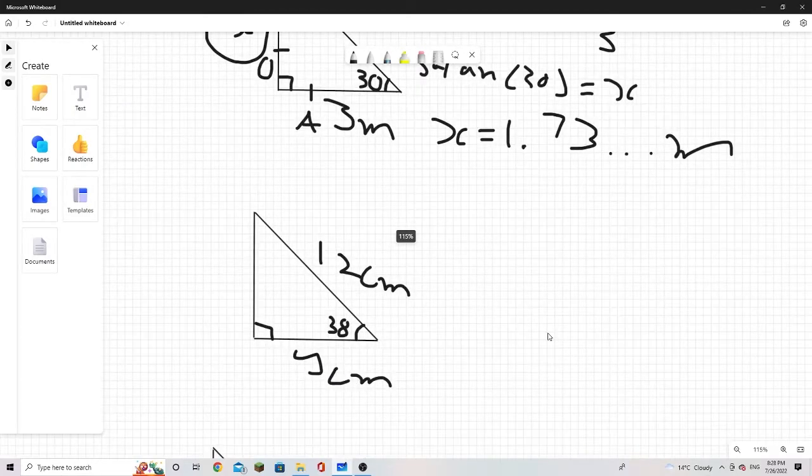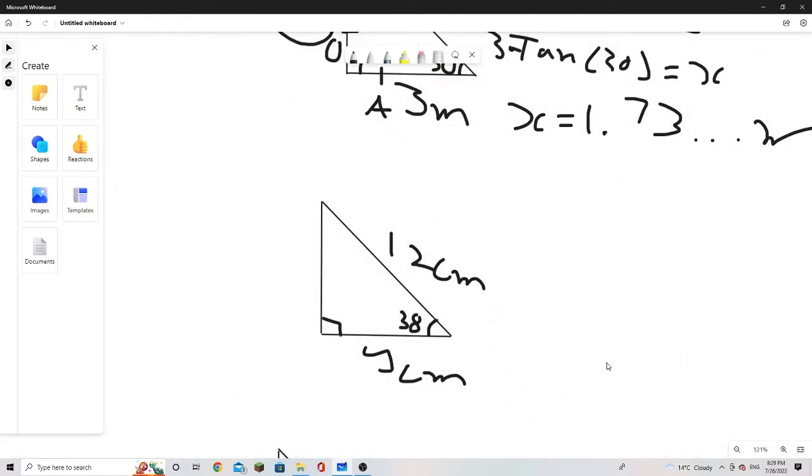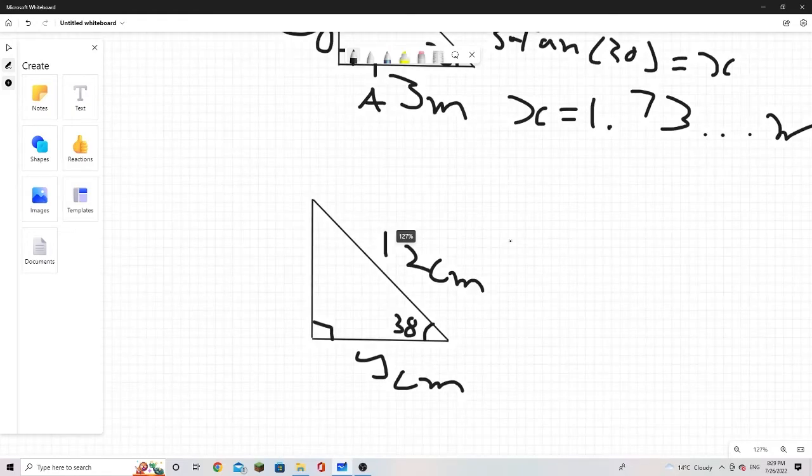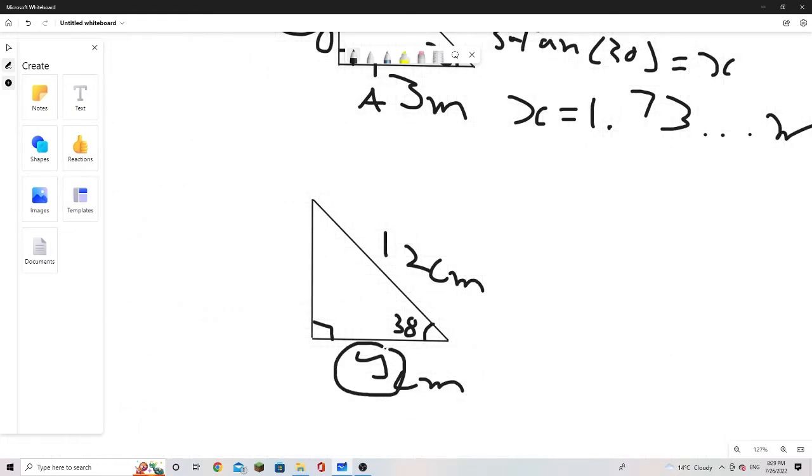Give this one a go by yourself first, and then we'll solve it together. If you need more time, pause the video. Now, in this problem, they want us to find what y is, and same thing, we need to find the trigonometric ratio that uses this side and this side. This time, this is the hypotenuse, and this is the adjacent.